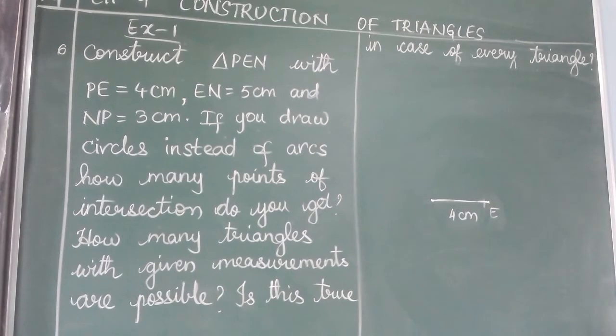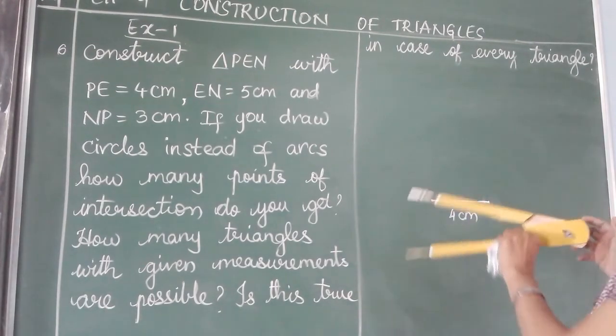So now draw a line segment PE of length 4 centimeters, and then you need to take the length of NE. You know that EN is equal to 5 centimeters. So 5 centimeters as the radius, draw a circle. Okay, let's see how to draw the circle.